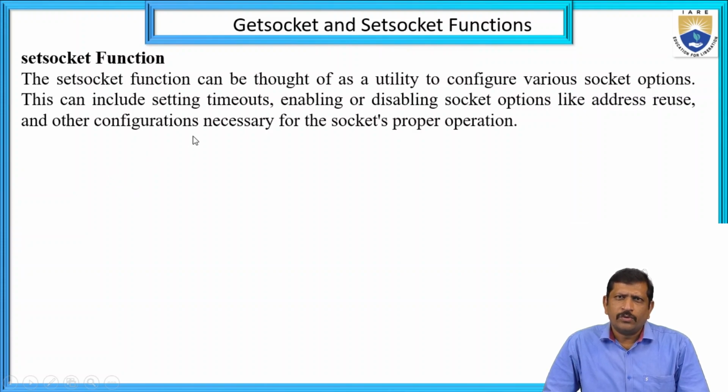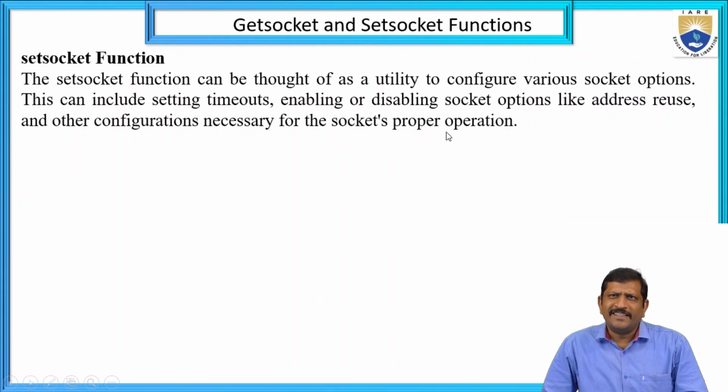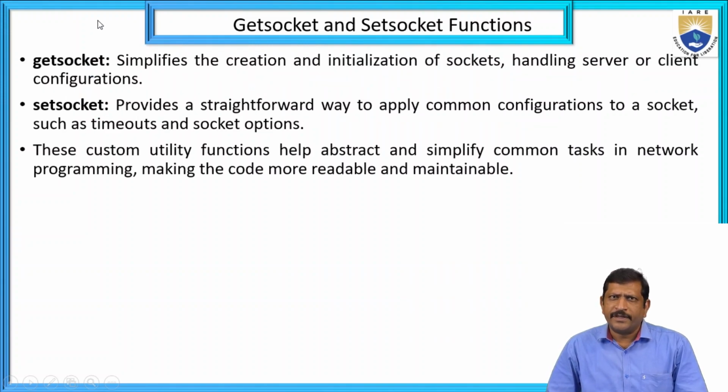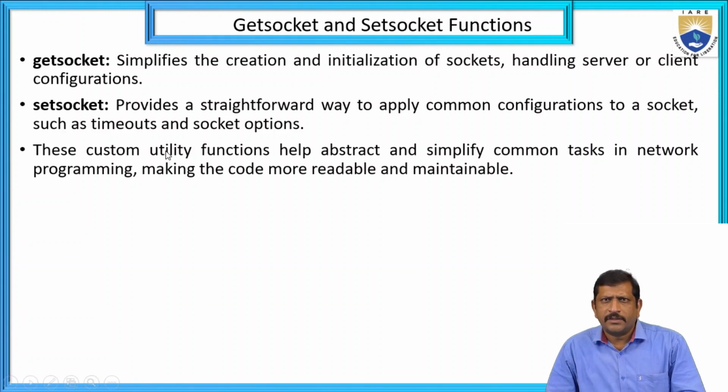Generally, this can include setting a timeout, enabling or disabling socket options like address reuse, and other configurations if necessary for the proper operation of the socket. Getsocket simplifies the creation and initialization of the socket, handling the server, client, and configurations. Setsocket is a straightforward approach to applying common configurations to a socket, such as timeout and socket options.